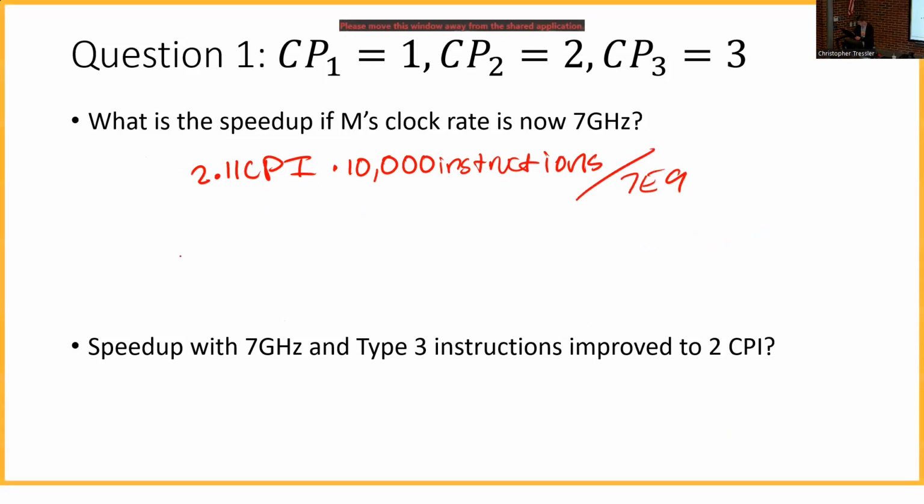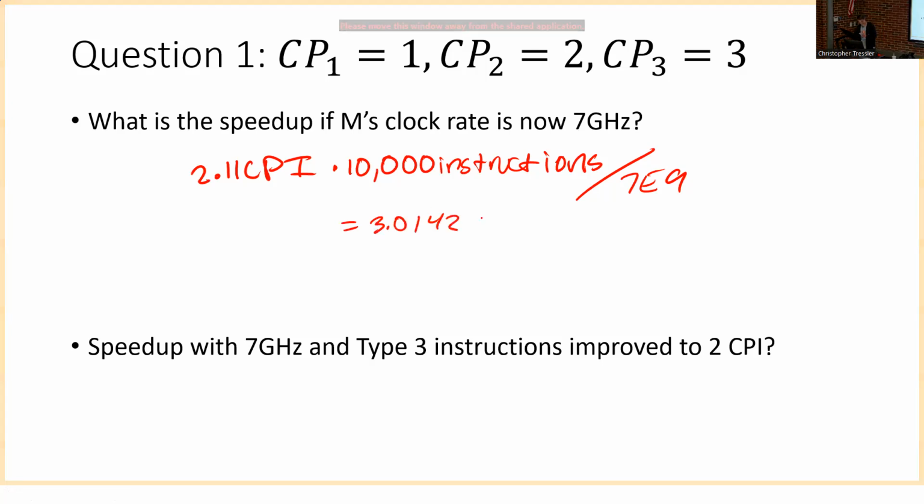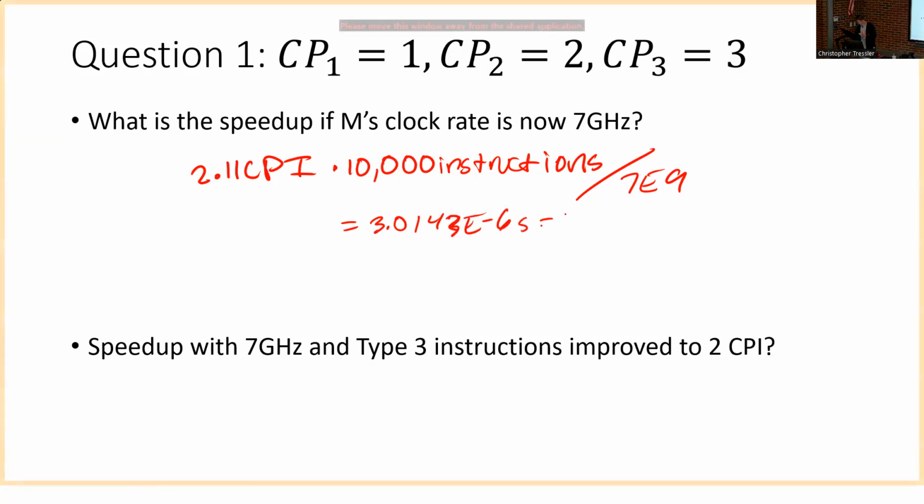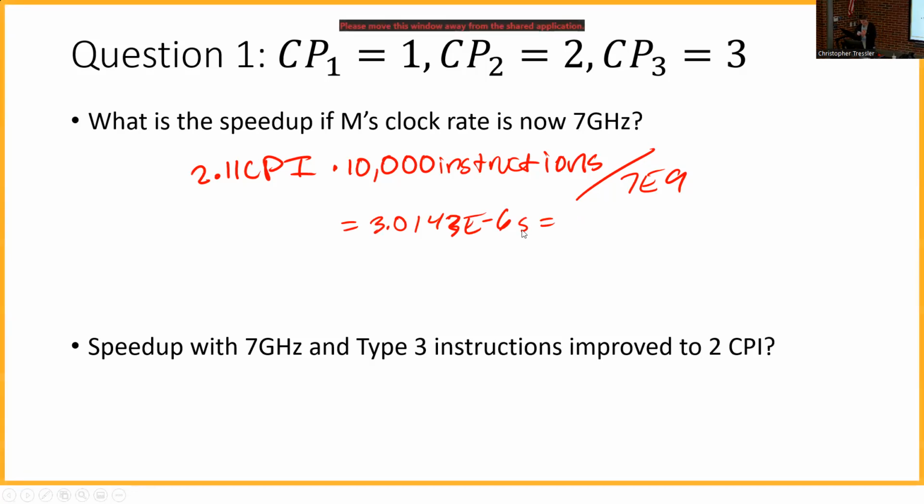So if we get 2.11 times 10,000 divided by 7e to the 9th, we're going to get 3.0142, we'll just say 3e to the negative 6th seconds, which is equal to 3.0143 microseconds.